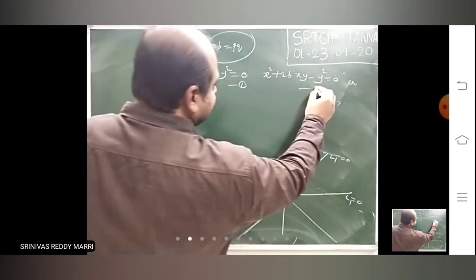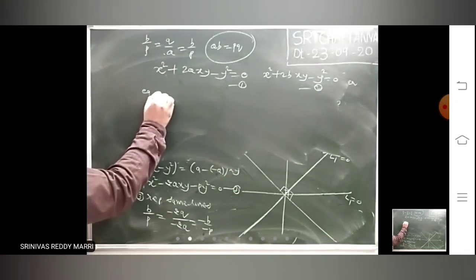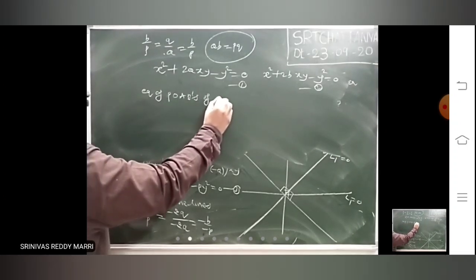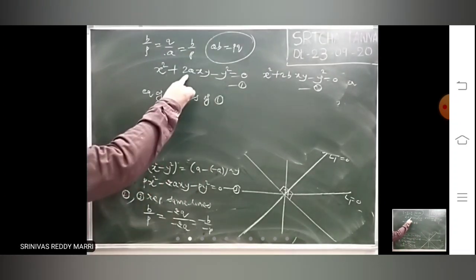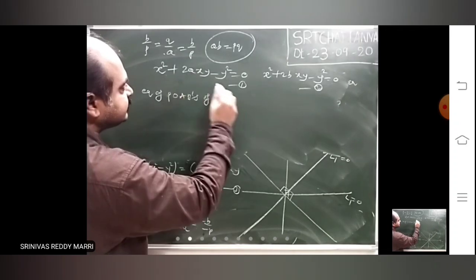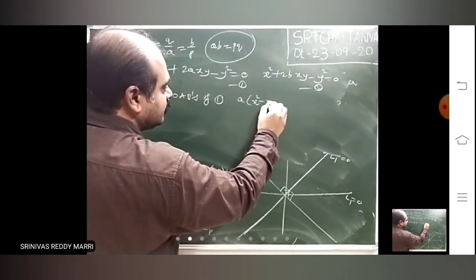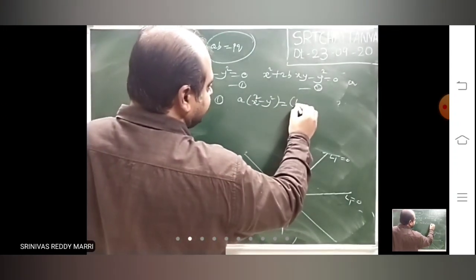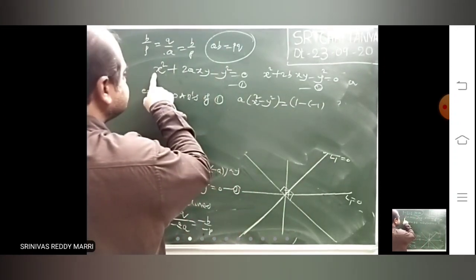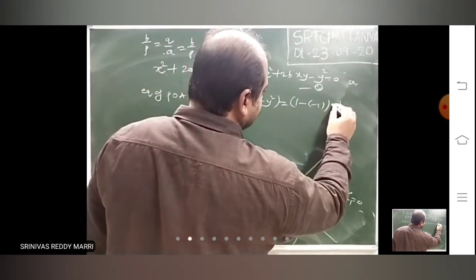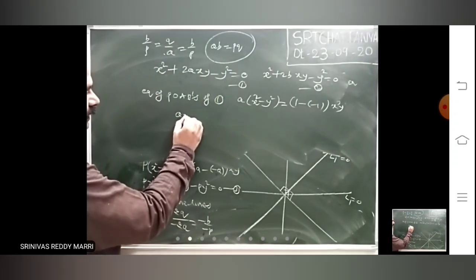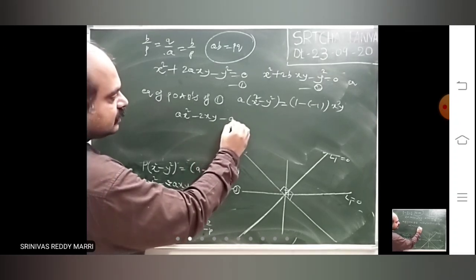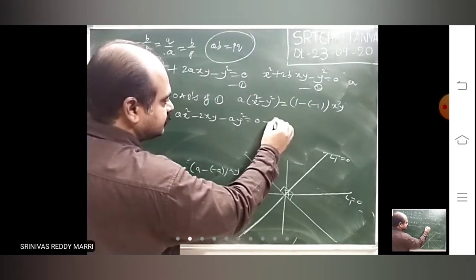So look, easily you do it. For any one equation, write the pair of angular bisectors of 1. For this I am writing angular bisectors: h into x square minus y square equal to a minus b into xy. A is 1 here, B is minus 1. What is this? Ax square minus 2xy, that is the third.